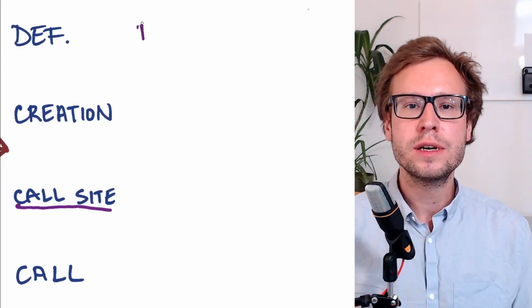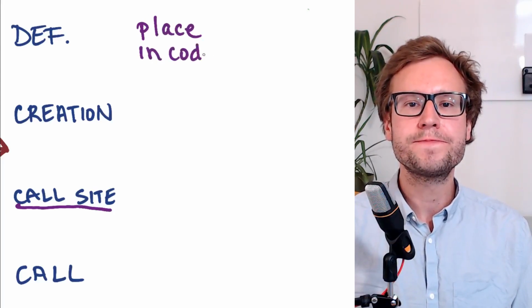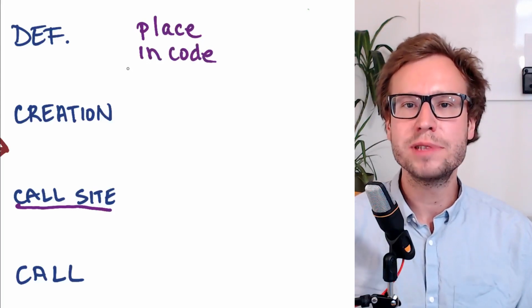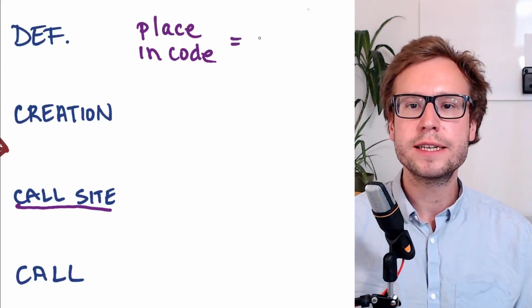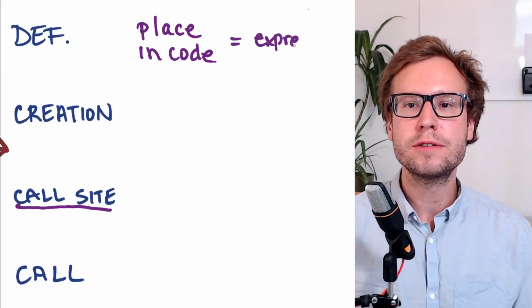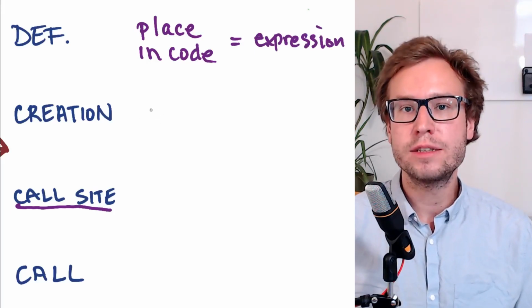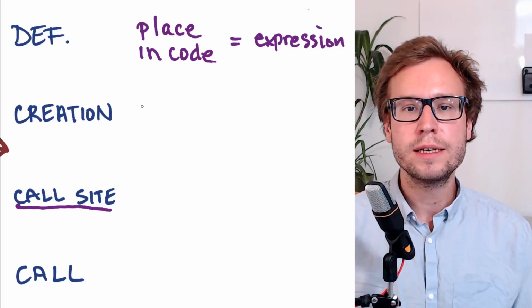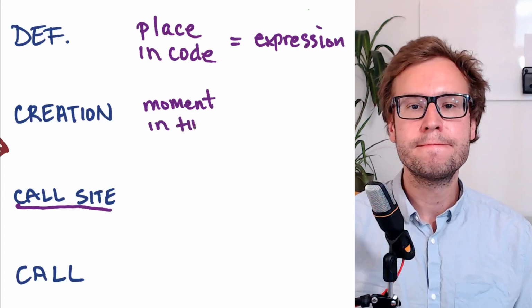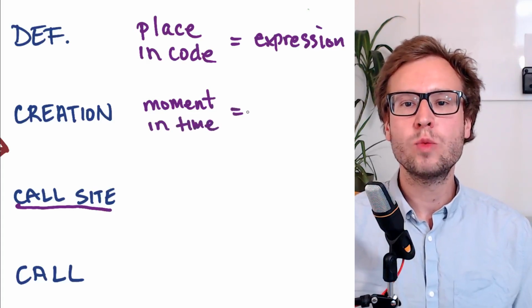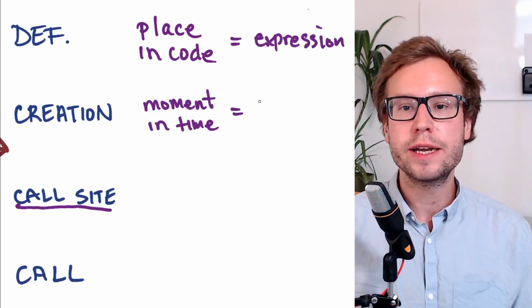The definition, what is it? Well, like we said, it's a place in the code. We started talking about a place, and then we said, well, what happens to this expression? Because this is, in fact, an expression. What happens upon the creation? Well, first of all, it's a moment in time. And what that moment represents is an expression being evaluated.